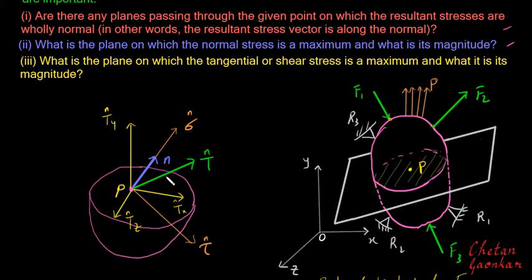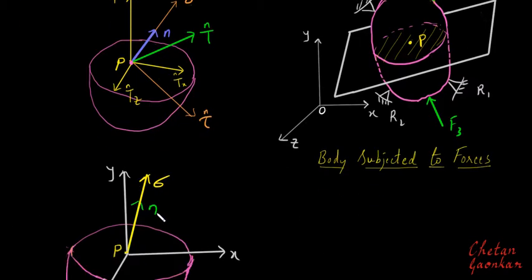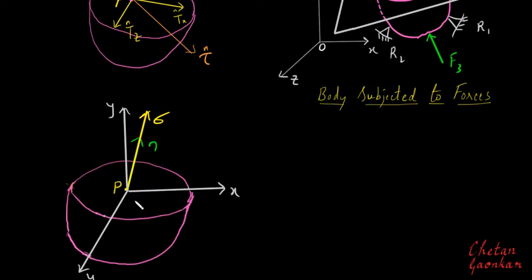Now this will be the case on most of the planes, but we are not interested in this kind of ordinary planes. We are interested in a plane on which there will be no shear stress components. That means the resultant vector will pass through the normal itself, and the stresses acting will be wholly normal on this plane.